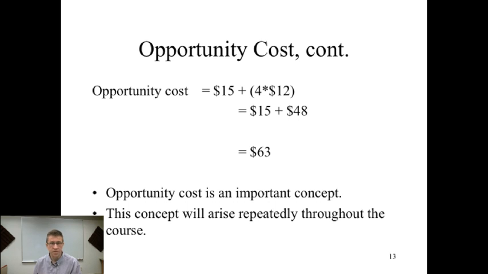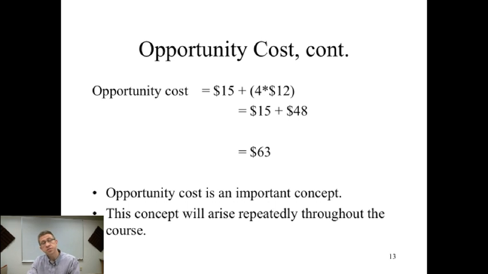A lot of it is if you own a business, what's the lost wages you could have had if you were working for somebody else? That should be considered if you're thinking, is it smart for me to stay in business? That's the rational decision. All of this information should be included in order for you to make a rational decision.